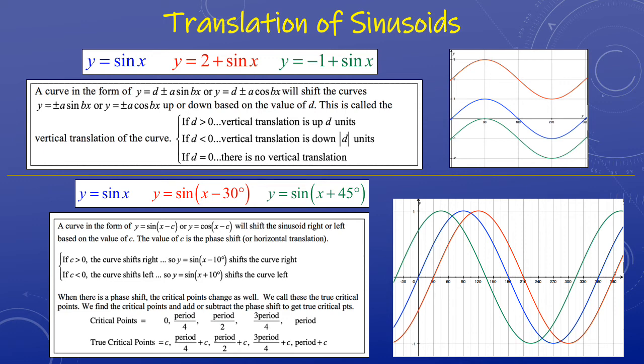So if our critical points are 0, 1/4 of the period, 1/2 the period, 3/4 of the period, and the period, then the true critical points will add on the value of C to each of them, getting C, 1/4 the period plus C, 1/2 the period plus C, 3/4 of the period plus C, and the period plus C.